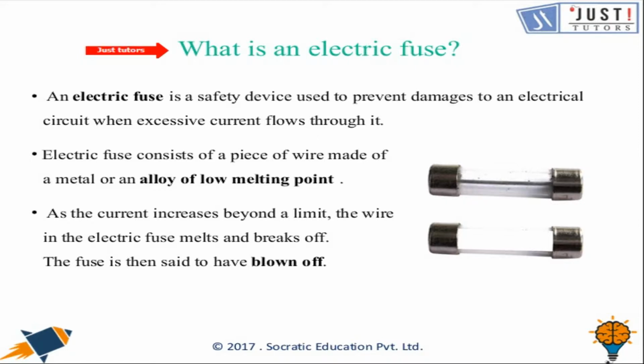It consists of only a piece of wire which is made up of a metal or an alloy which has a low melting point. Now the reason it has a low melting point is so that when the current flows and the temperature increases, the electric fuse melts first, thus providing a break in the electric connection.